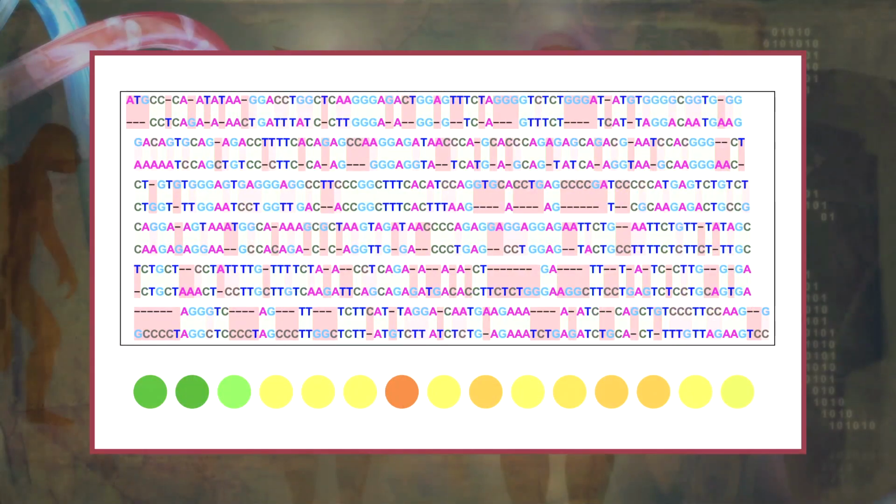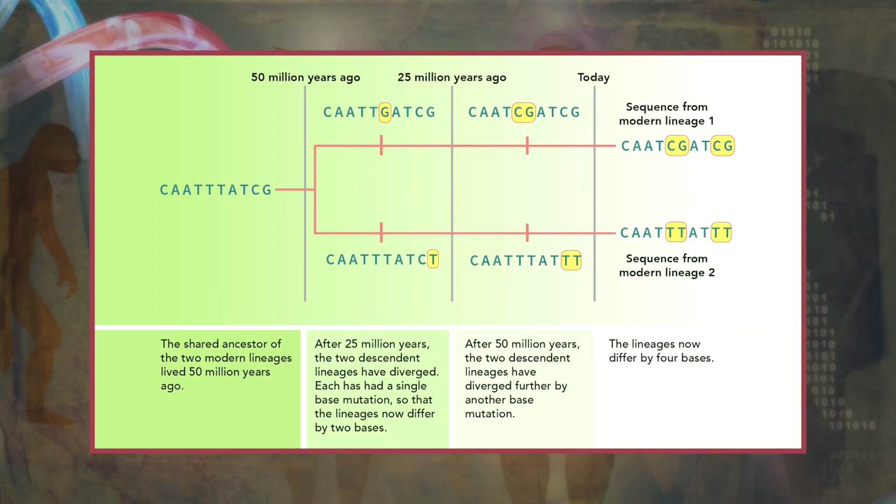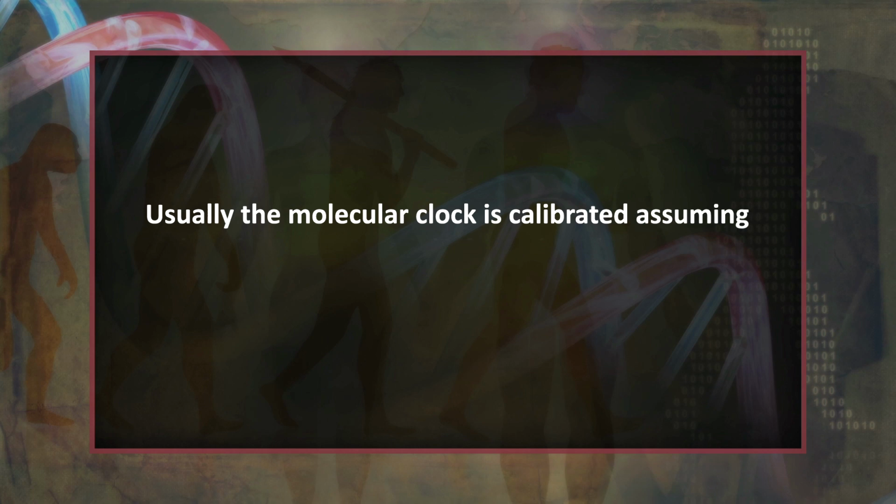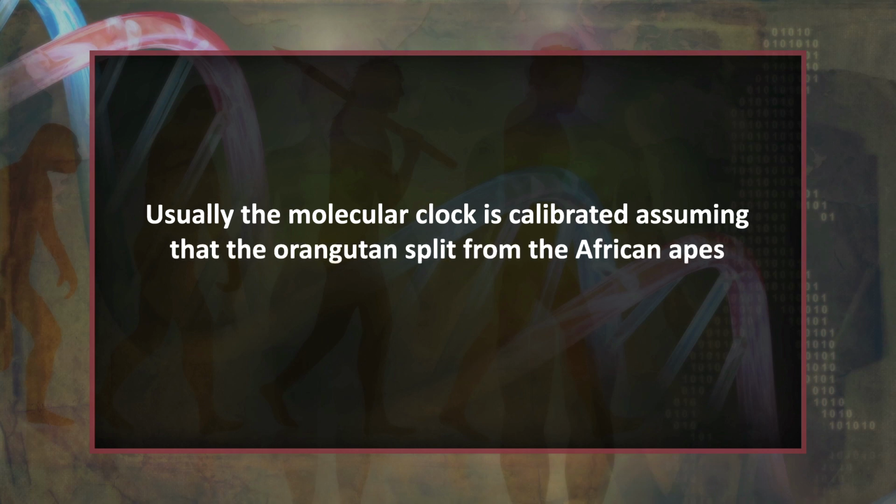Current methods to determine divergence time use DNA sequence alignments and molecular clocks. Usually, the molecular clock is calibrated assuming that the orangutan split from the African apes, including humans, 12 to 16 million years ago.